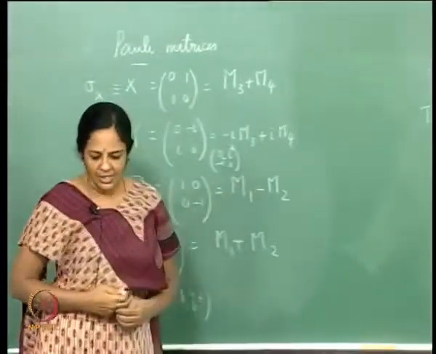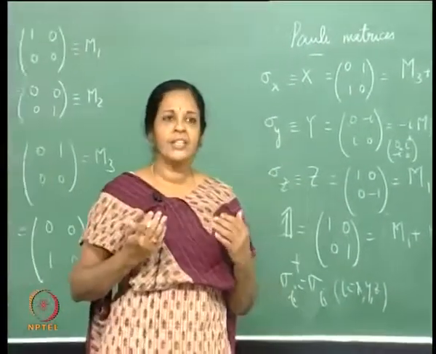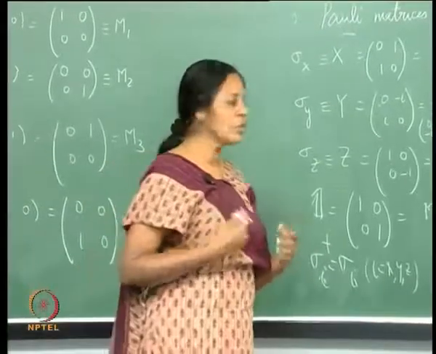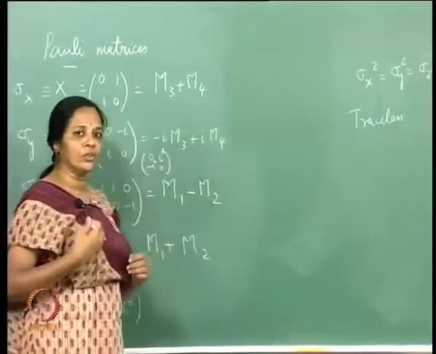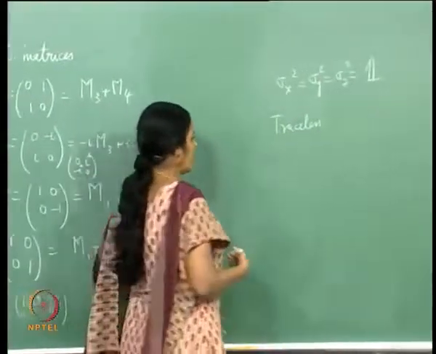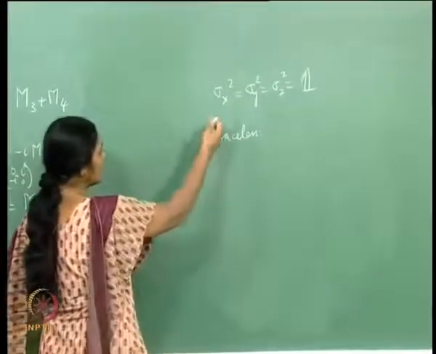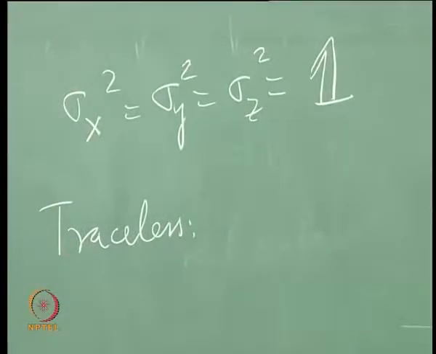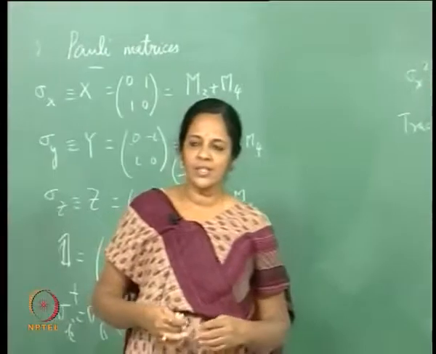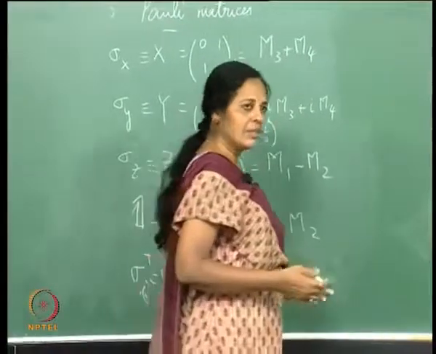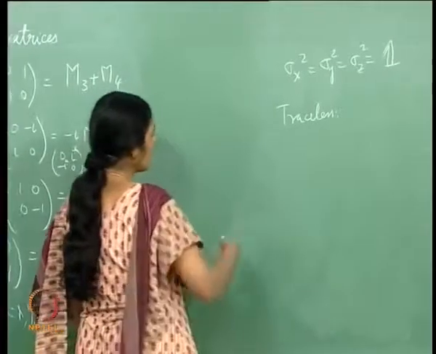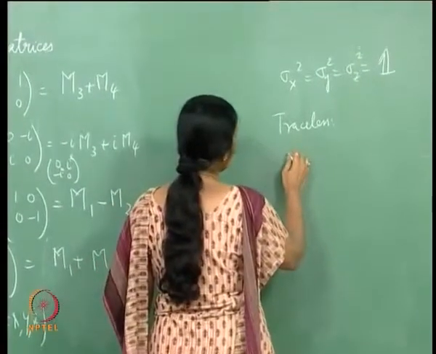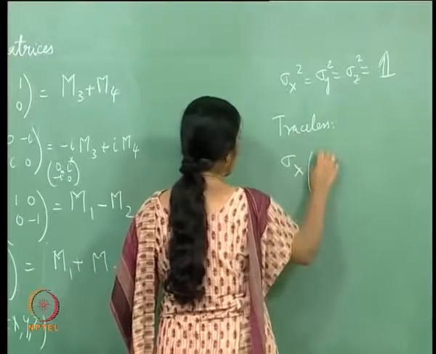So these matrices are very important, keep occurring over and over again, particularly in the context of the angular momentum algebra. Quite apart from that, even at the level of quantum computation, which is a subject which is pursued very seriously in the recent past and at present, what is the effect of sigma x on 1 0?